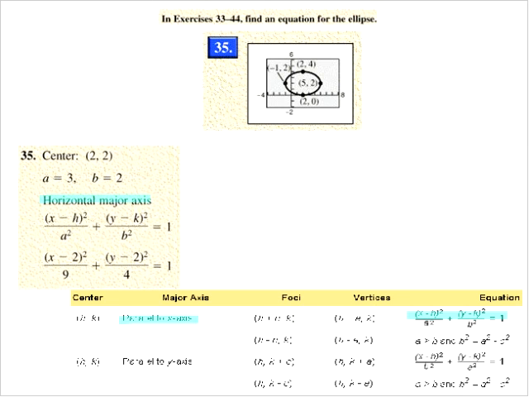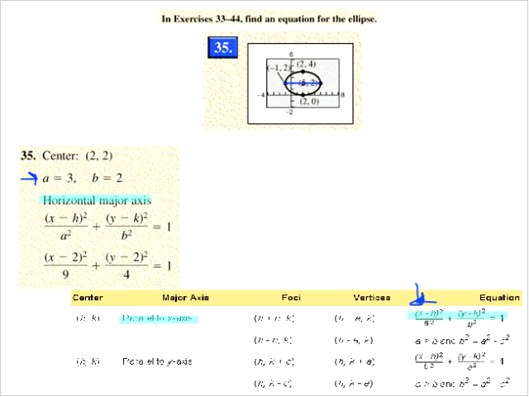For the next one, we have to find the center first. I think that's where we should start. So looking at my graph, my center is at the point right here, which appears to be 2, 2. Okay, so if the center is 2, 2, we can then find what a and b are. It looks like my major axis is parallel to the x-axis, so we are using this equation right here. a is half that length, so half that length appears to be 3.